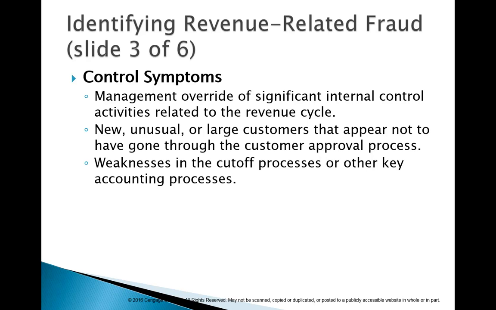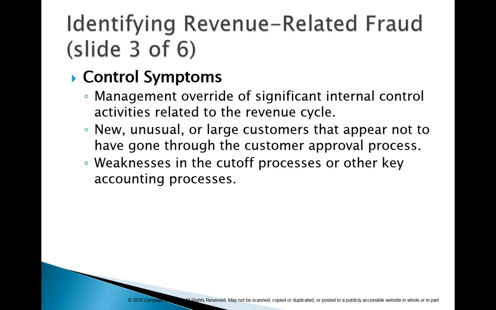Control symptoms. One control symptom that could be problematic is management overriding significant internal control activities related to the revenue cycle. Management override is a problem for most accounting systems, because internal controls are only good if people are actually following them.